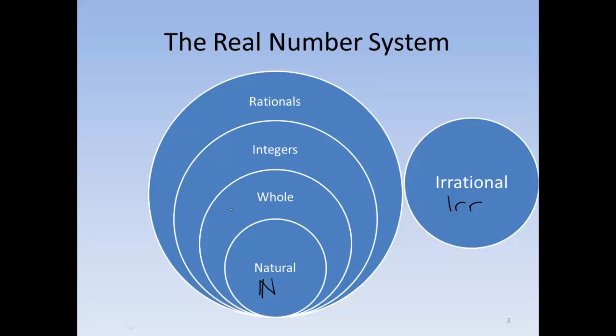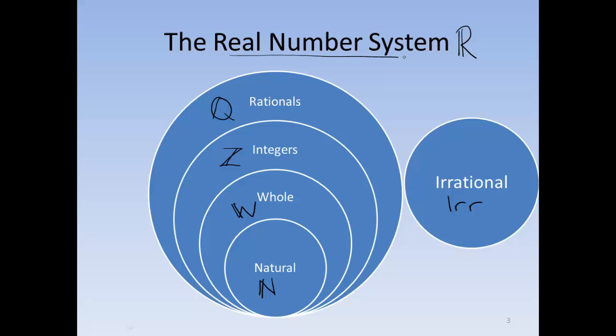For whole numbers, we'll use a fancy W. For integers, going against what you think, it's a Z, not an I. The rational numbers use the letter Q. Why not an R? Well, the real number system, which all of this belongs to, is what we use the double bar R for.